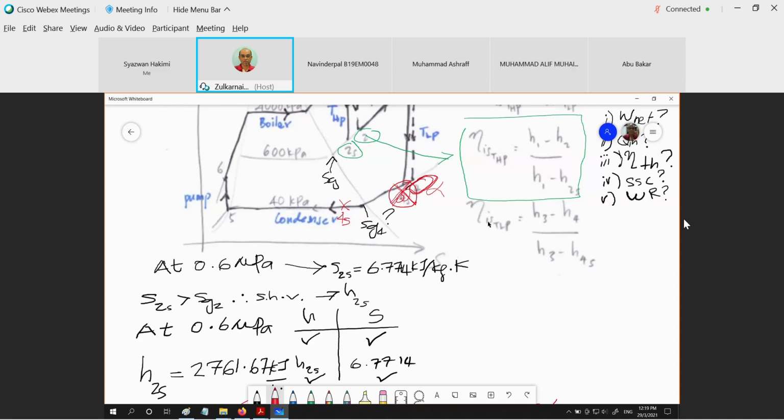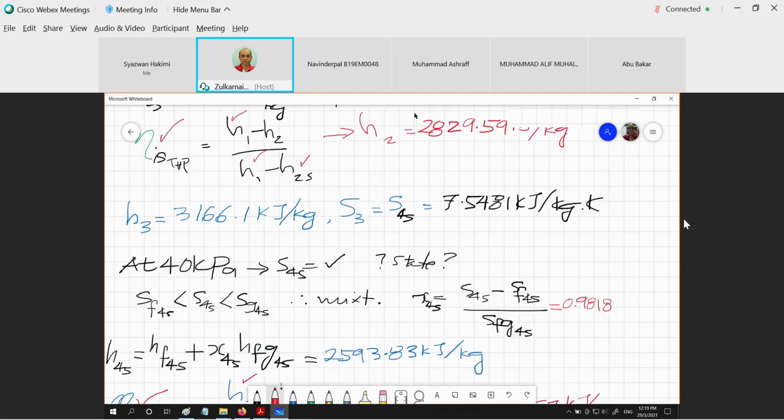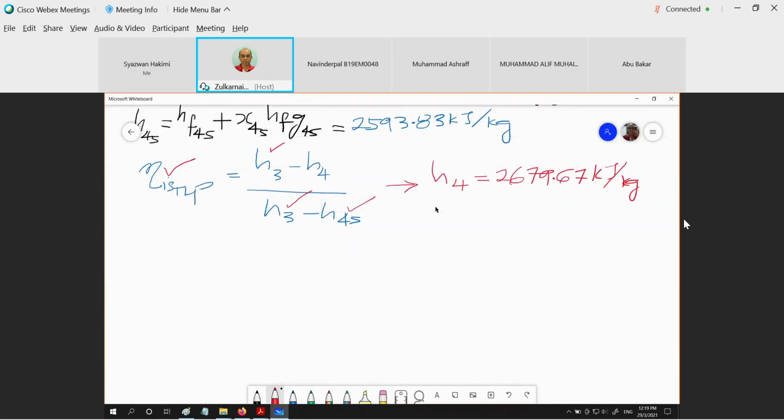How to prove it? By looking at this Hg4 value, compare with H4 at 40 kPa. Compare this value with the value of Hg at 40 kPa. Right, 40 kPa. Higher.